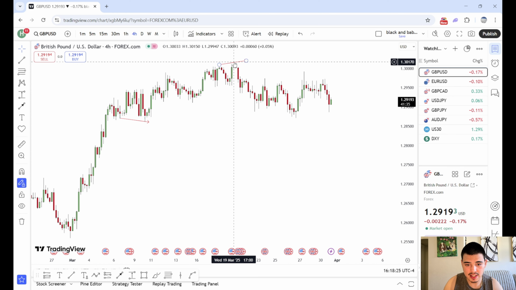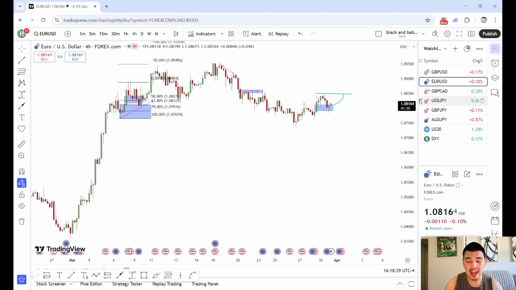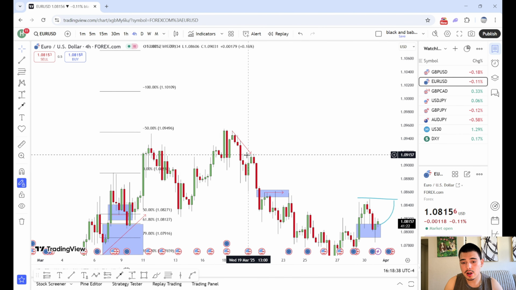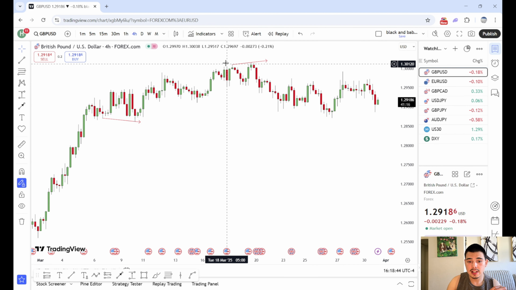See how it made this higher high and this one made a lower high? That is a crack in correlation amongst correlated assets, right? And so again, you don't want to just use it on its own, but look at how price taps into this fair value gap right here, and GBP USD is taking out external range liquidity right here.